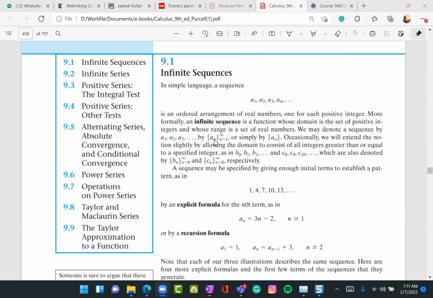Sometimes you write this with braces: A_n, where n runs from 1 to infinity. Or sometimes, if it's clear enough what the index is, you just write it with the bracket A_n.